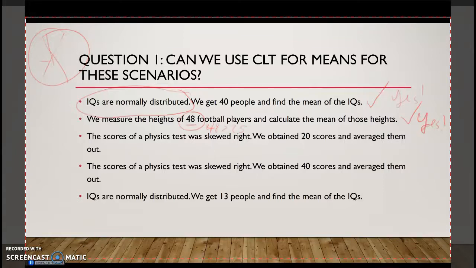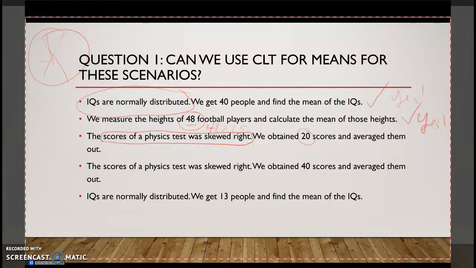Okay. The third one, the scores of a physics test, was skewed right. So from the beginning, we know that the data itself is not normal because it's skewed right. We got 20 scores and averaged them out. So we took 20 random scores and found the mean of them.